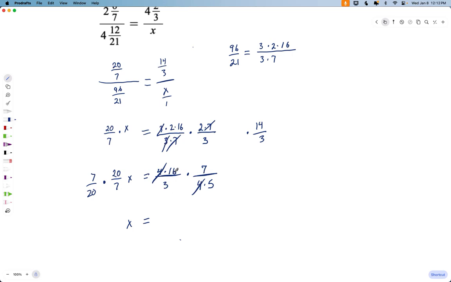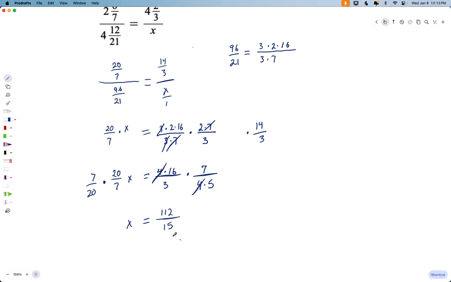Now, 16 is 4 times 4. That's neither one of these, so I can't factor anything else out there. And 7 is prime. I can't factor anything else out here. So now I know that this is at the point where I need to multiply it. So 16 times 7, that's going to be 112. And then 3 times 5 is 15.